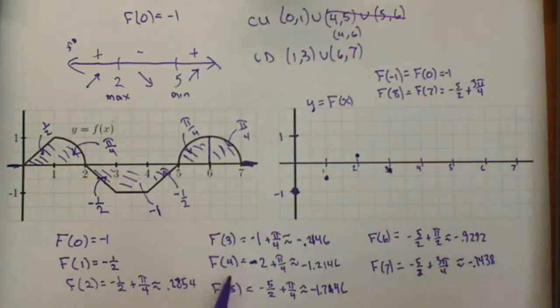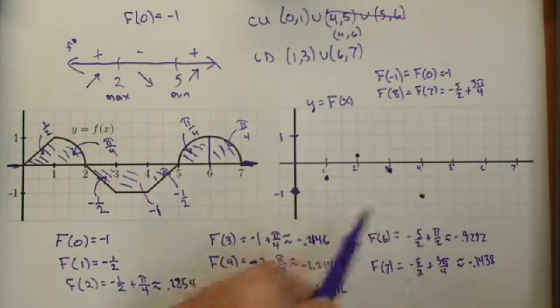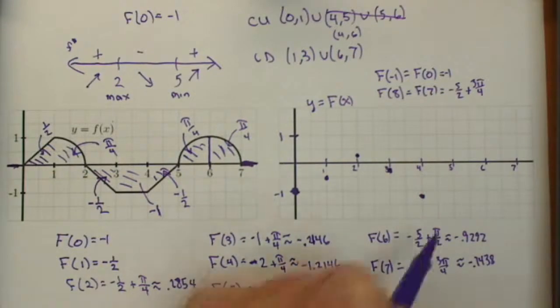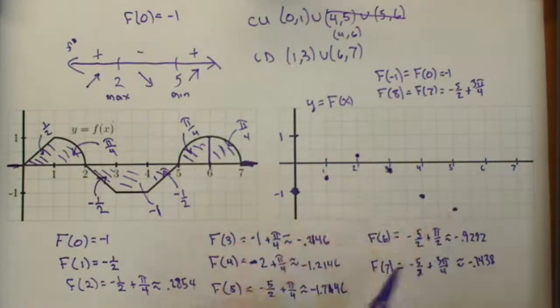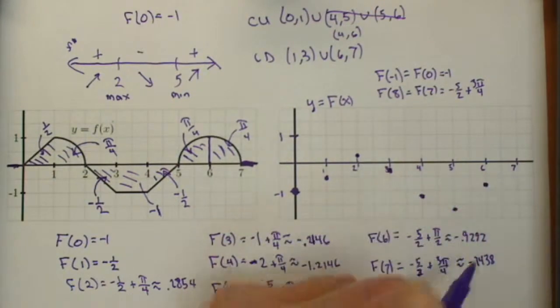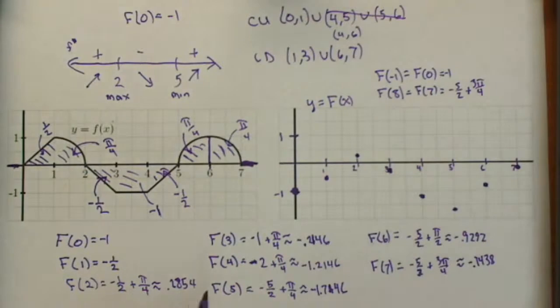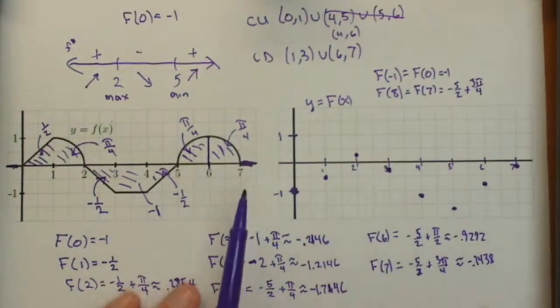So, f of 4 is just a little bit below negative 1. f of 5 is just a little bit below negative 1.5. f of 6, not quite to negative 1. And f of 7, just a little bit below that x-axis. So there's our points.